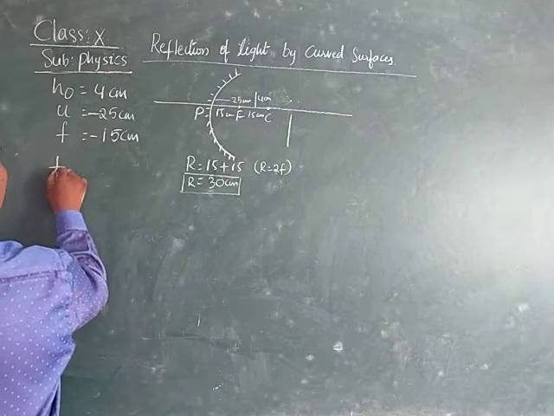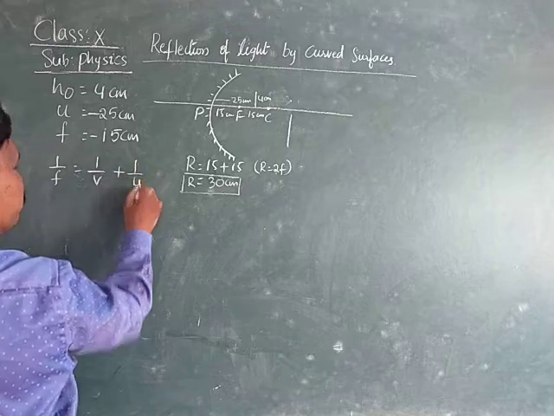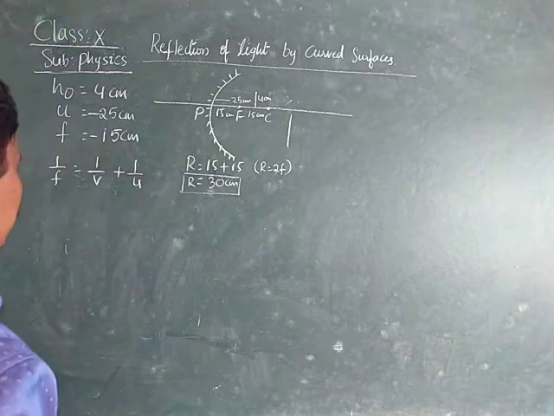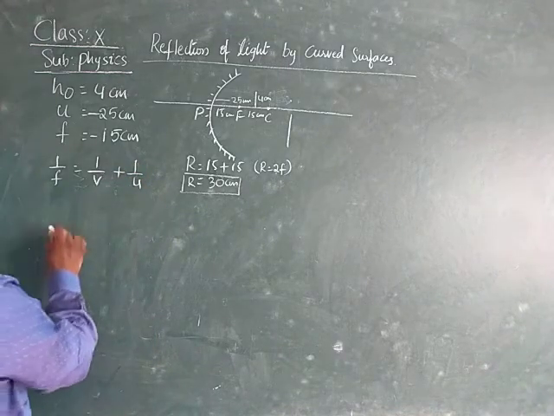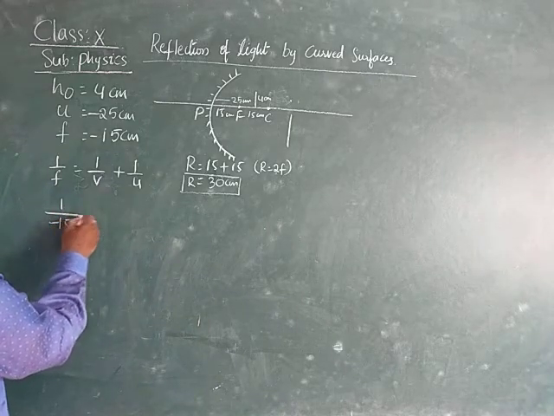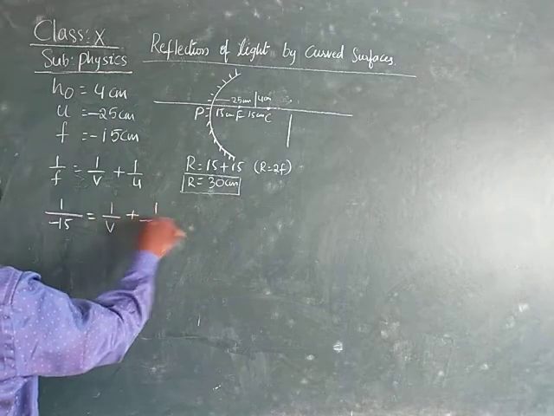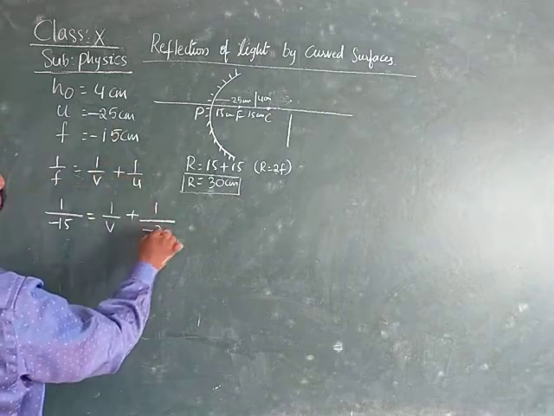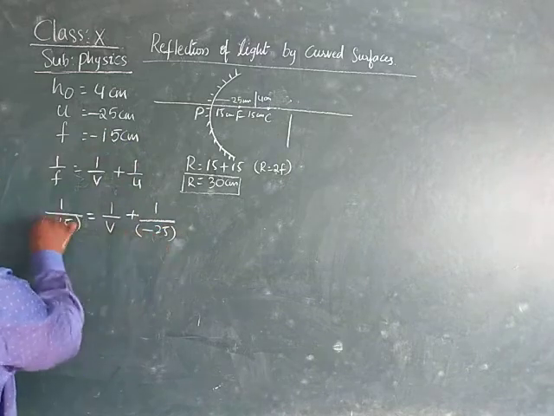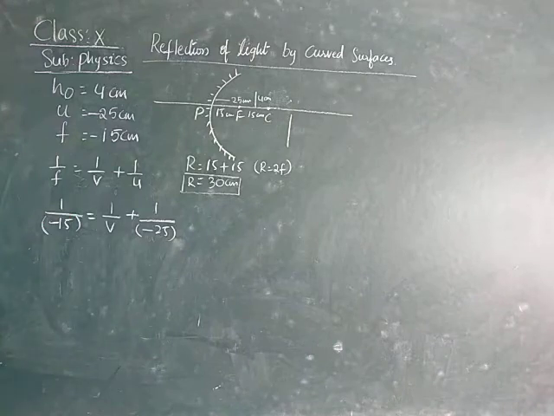Now, mirror formula: 1/f = 1/v + 1/u. 1/f, how much is it? 1/(-15) = 1/v + 1/(-25). But normally we won't write minus in the denominator position.